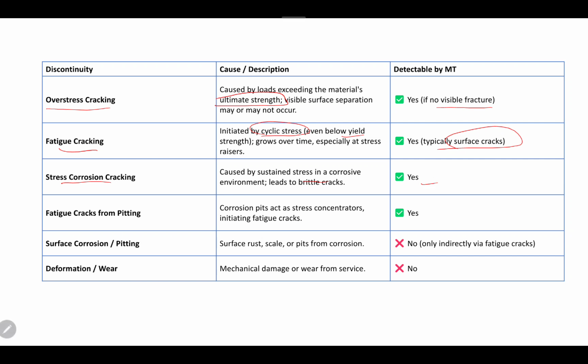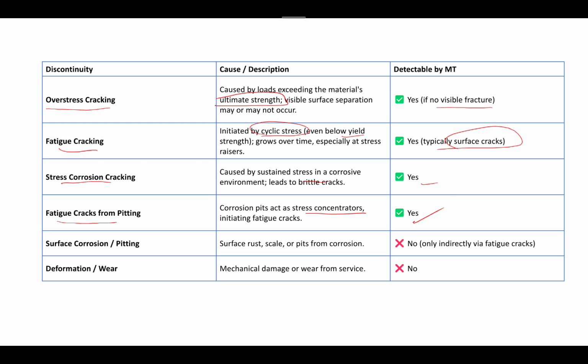These are detectable with MT. Next one is fatigue cracks from pitting. When corrosion pits act as stress concentrators leading to brittle cracks, they are detectable with MT.